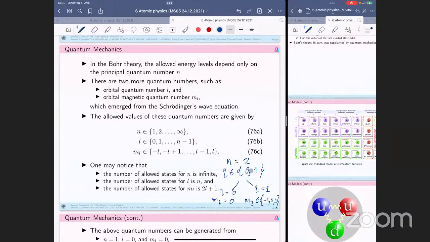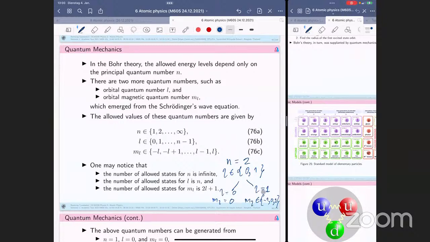For example, when L is 0, 2 times 0 is 0, so plus 1 remains 1. That's why you have ML equal to 0, which is only a single possibility.